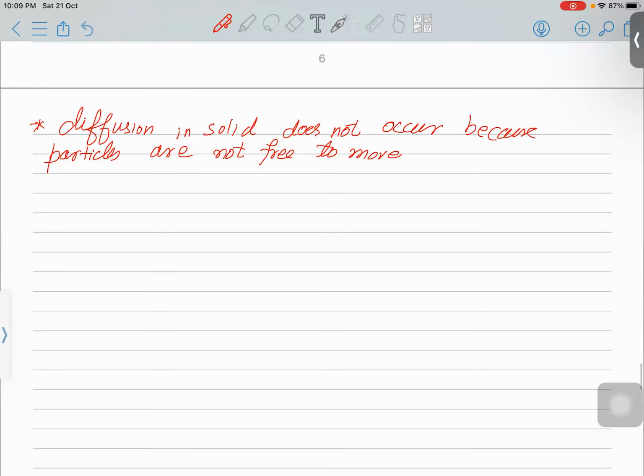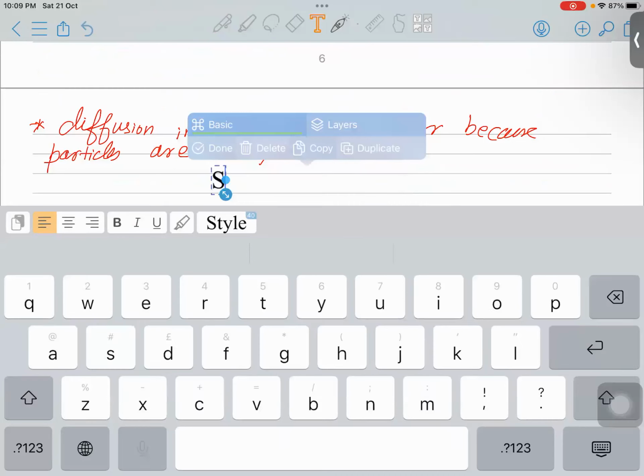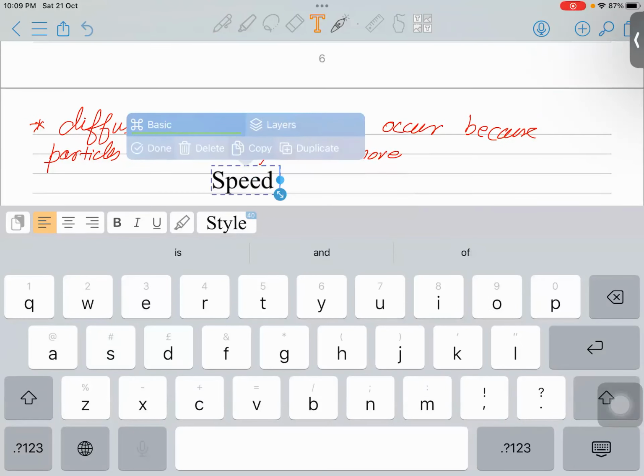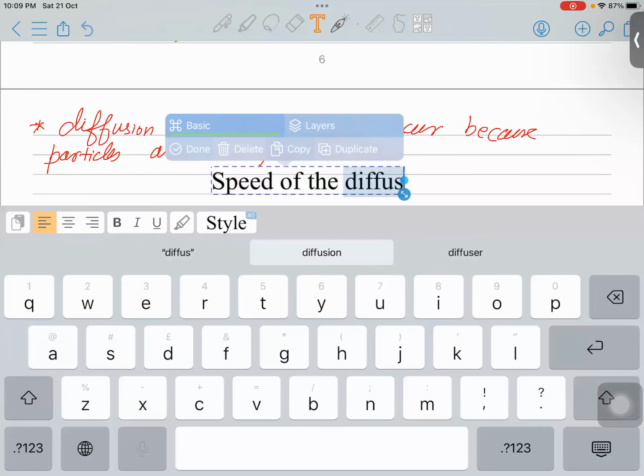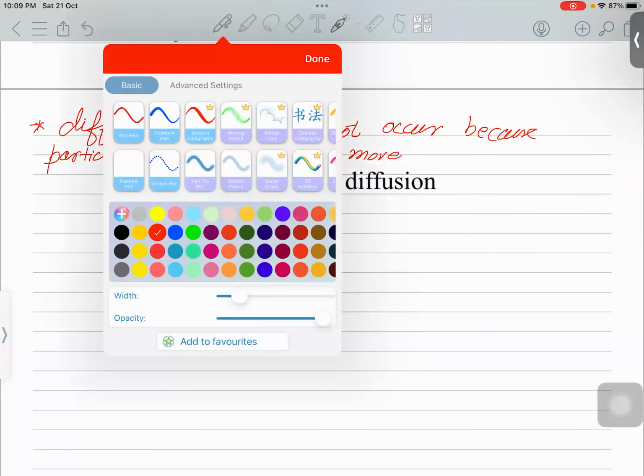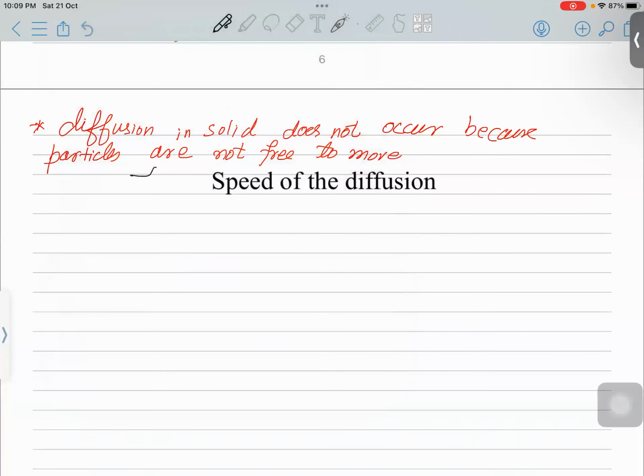Now, speed of the diffusion. Now I'm trying to find the experiment, right?